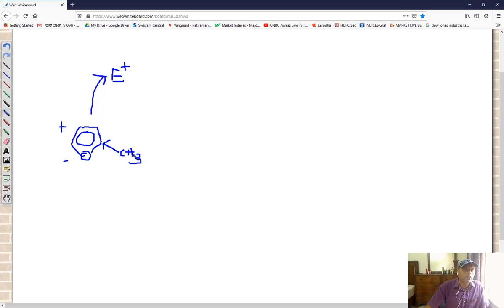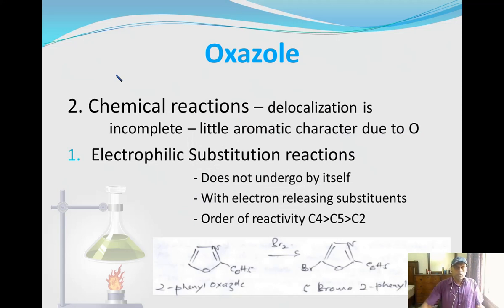These electron donating groups give more electrons here, and that is going to react. And then the order of reactivity will be C4 substitution first, then C5 substitution, then C2 substitution.